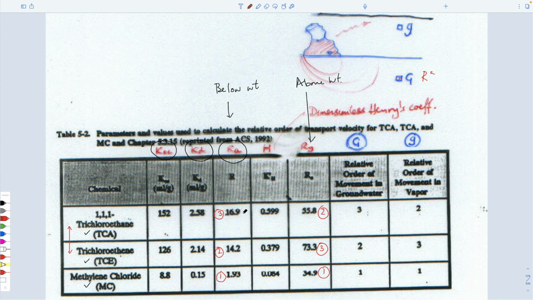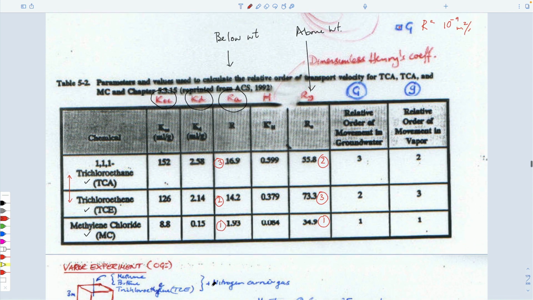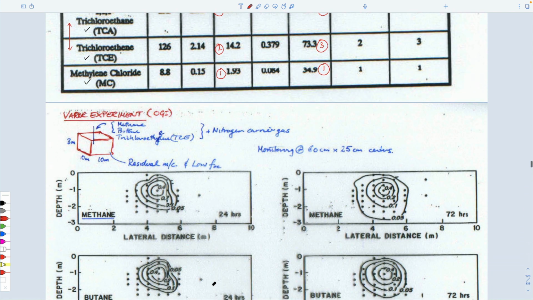And of course the timings wouldn't be the same in the groundwater zone and the aqueous zone because the diffusion coefficients are different in both of those, right? We saw that in here it might be of the order of 10 to the minus 6 meters squared a second, and this might be 10 to the minus 9 meters squared a second. And so it would be much slower arriving here, but the relative orders of these would be in a different sequence that they arrived at that location. So that's a curiosity and would explain what you might see.